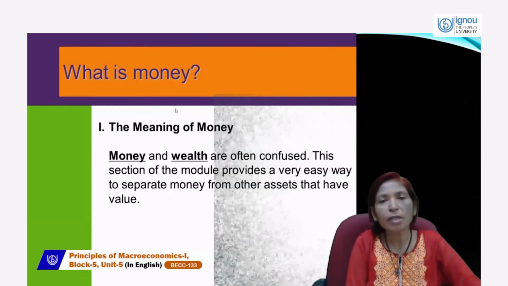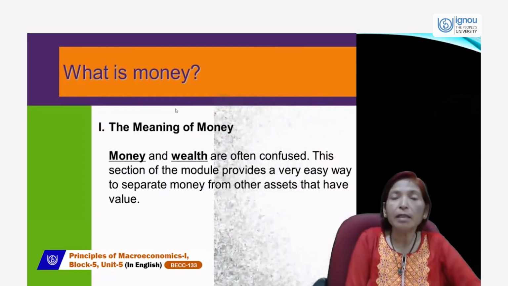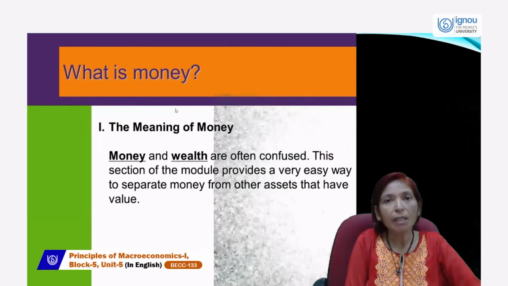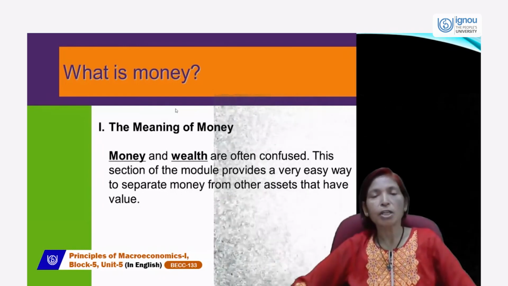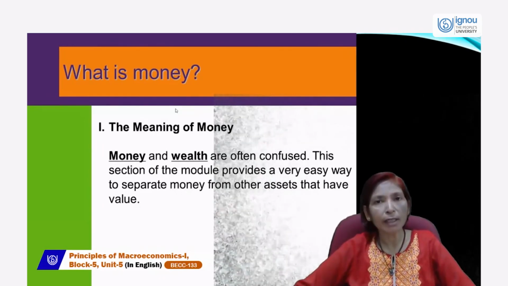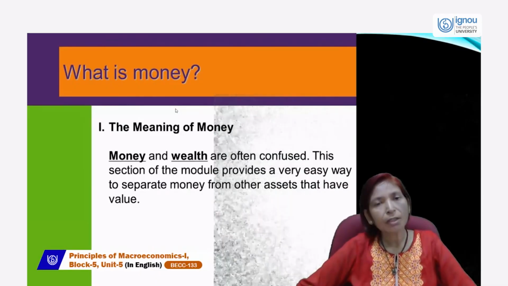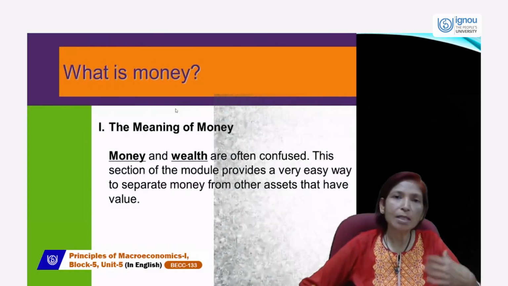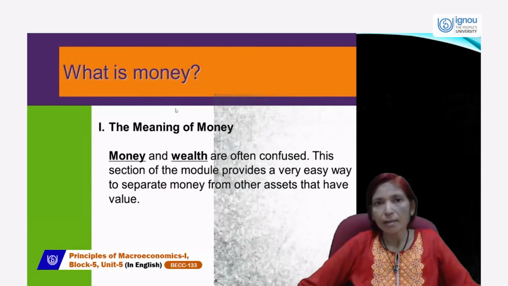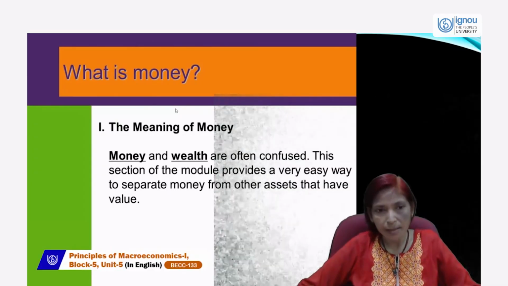And you know that goods are not divisible, but money can be easily divisible. Money you can use in higher denomination currency and lower denomination currency, which are available at present. For smaller transactions, you can use small denomination currency, and for larger payments, you can use higher denominations of currencies.